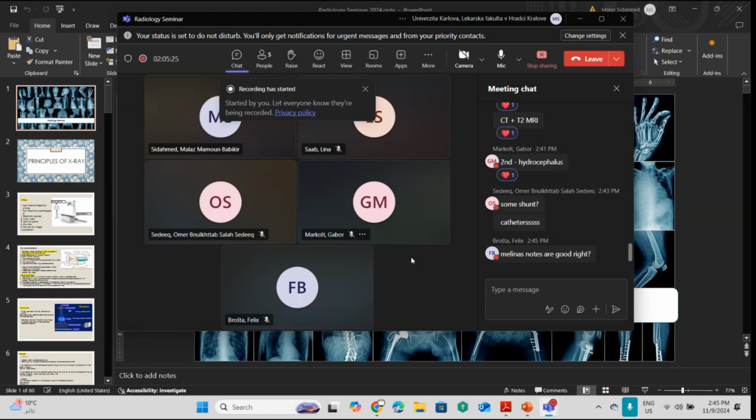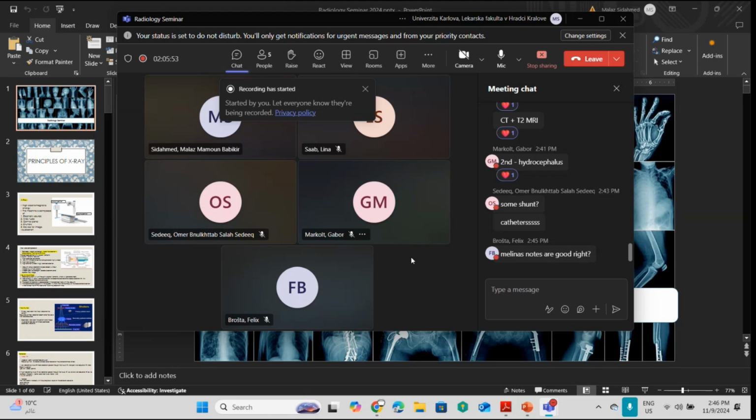There are also some notes on the Dropbox, typed, not handwritten, of what the doctors mentioned during the lectures and seminars. You can go through them, and they're exactly what was said.